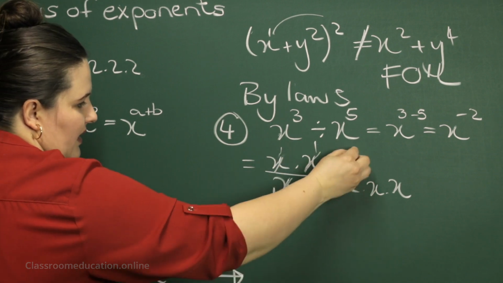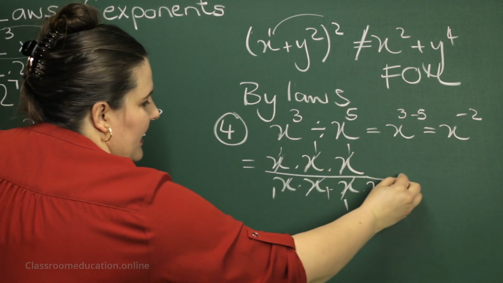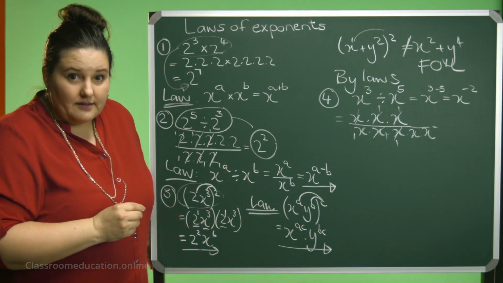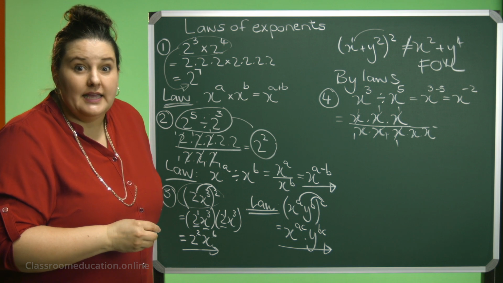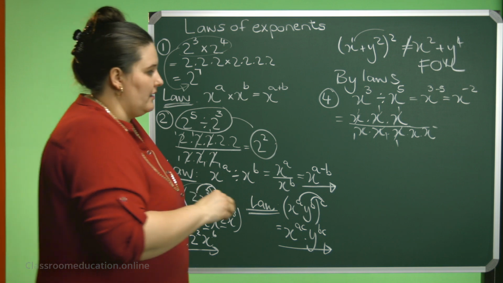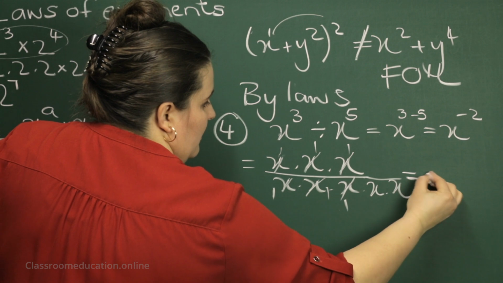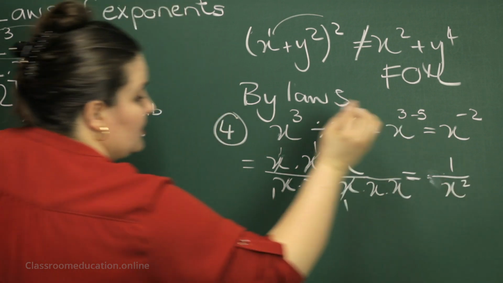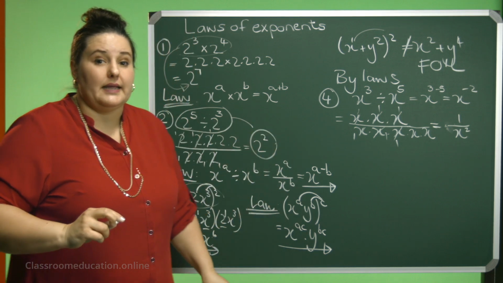Going to that 1, 1, 1 and 1. Okay, so what's remaining? I have x squared remaining. But where is that x squared? In the denominator. So I have x squared remaining in the denominator.